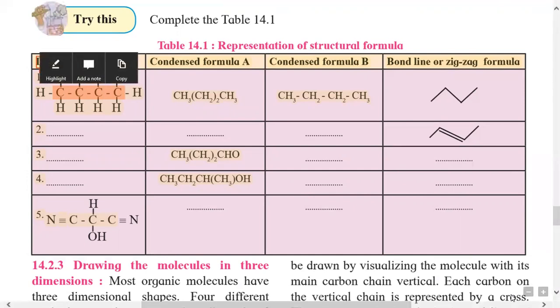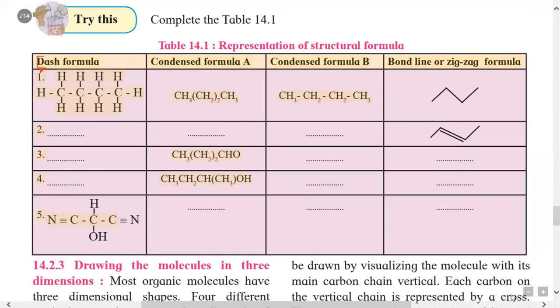So for this 4 carbon alkane, the condensed formula can be written as follows: the middle two CH2 groups can be written collectively in one bracket, and a subscript is given for the number of CH2 groups present inside the bracket. Therefore it is CH3(CH2)2CH3. This is the condensed formula of butane.